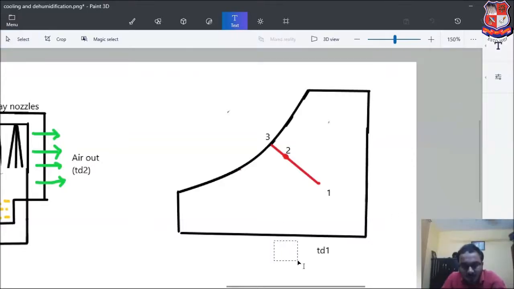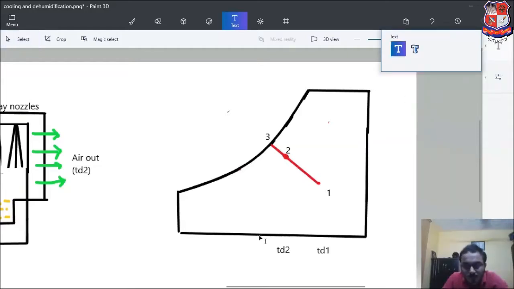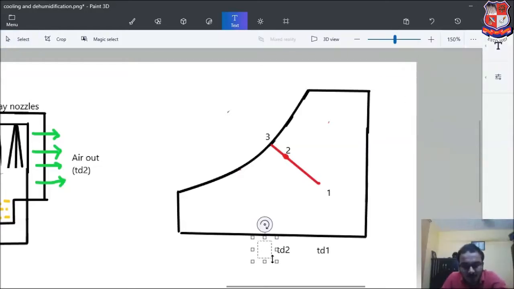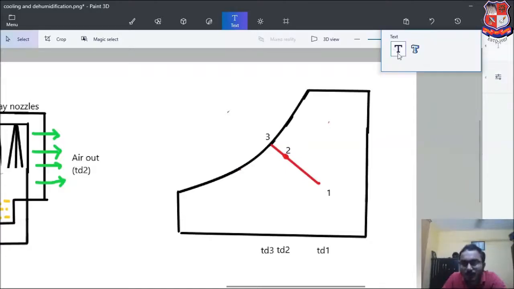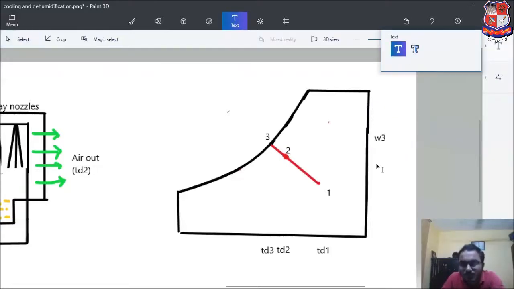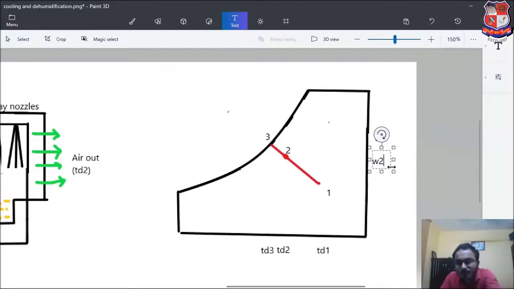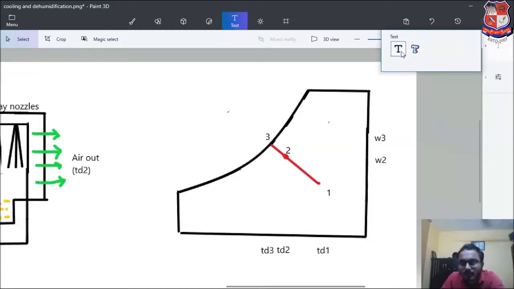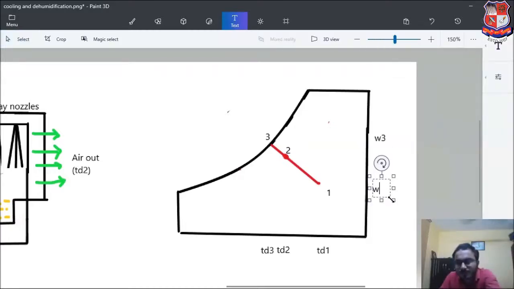Here we will have TD2, and the last will be TD3. Here we will have W3, this will be our W2, and this will be our W1.